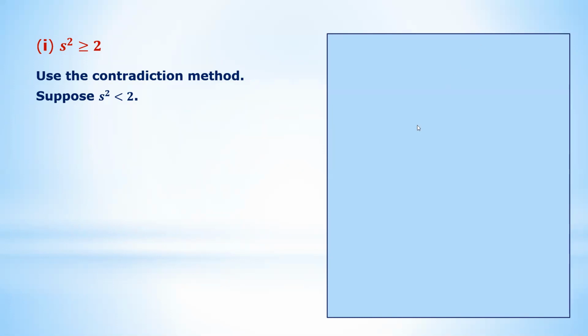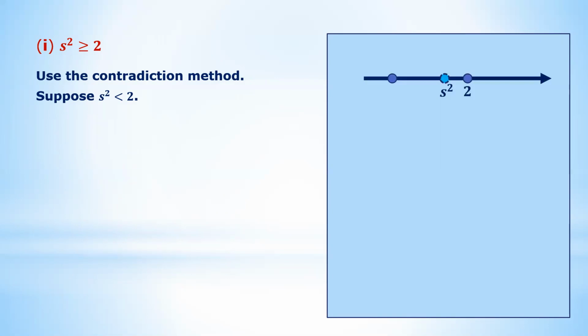On this scratch paper, I draw a line, showing the point 2 and s squared. So s squared is less than 2, which means that between s squared and 2, there is a gap in between, right?